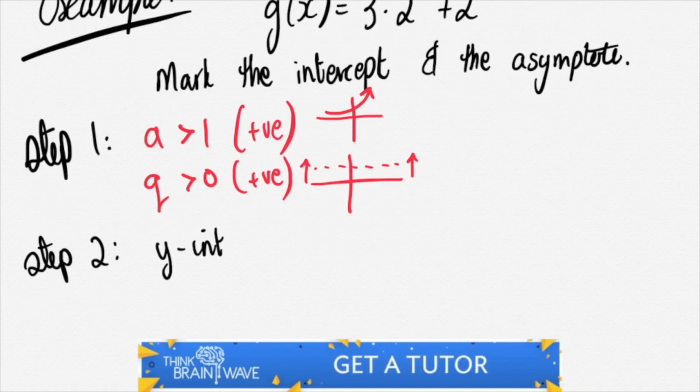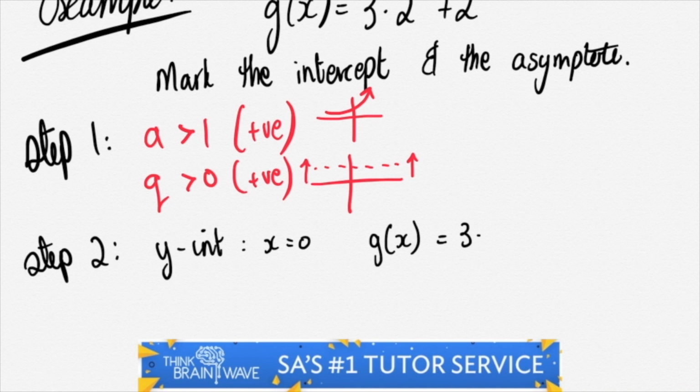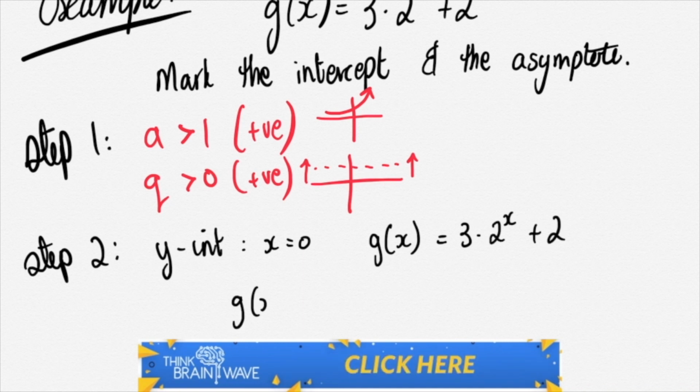find the intercept. We'll do the y-intercept and the x-intercept. So for the y, we say x is equal to 0. We write our equation out, and then we plug it in. Where x is, we say 0.